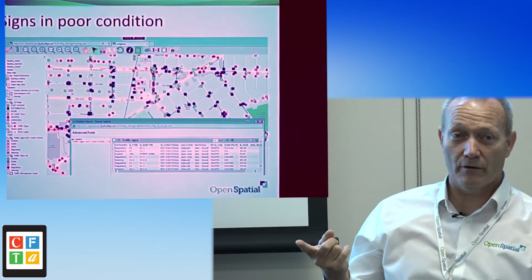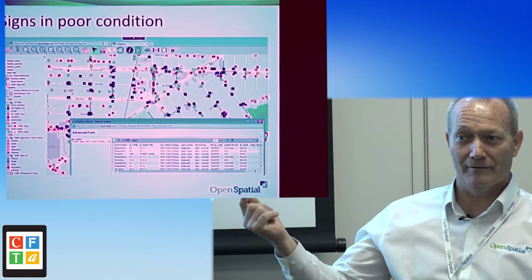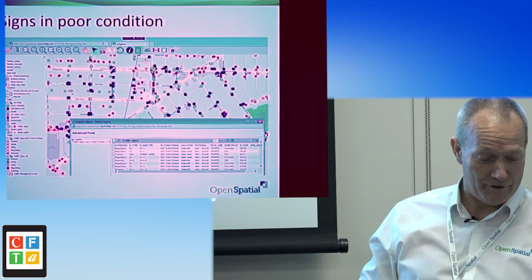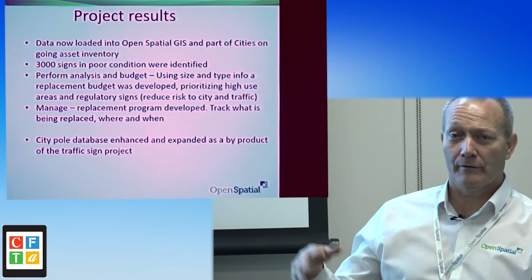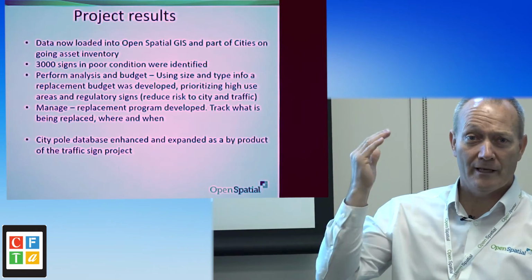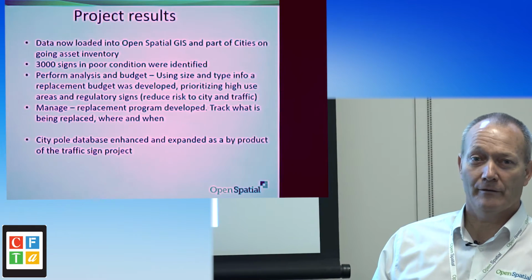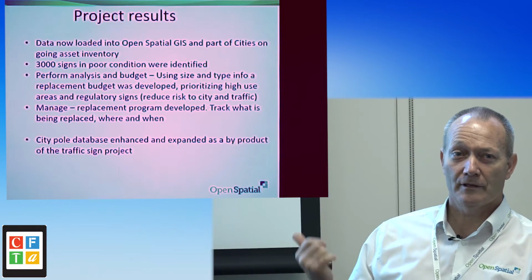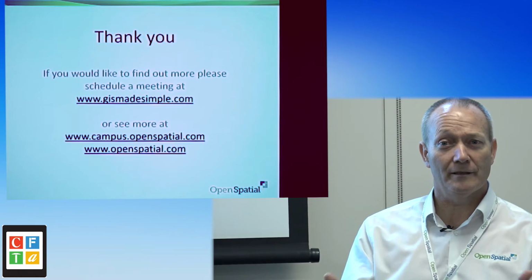The regulatory ones especially, because that's a lawsuit waiting to happen if you didn't have a stop sign that was functional. So you kind of want to check that. And so now they have the capital improvement plan. Over the next 3 years, they have 3,000 signs prioritized, got a plan, done, and they did that project in less than 3 months, just with a mobile data collector back into GIS. Okay, thank you. That's it.